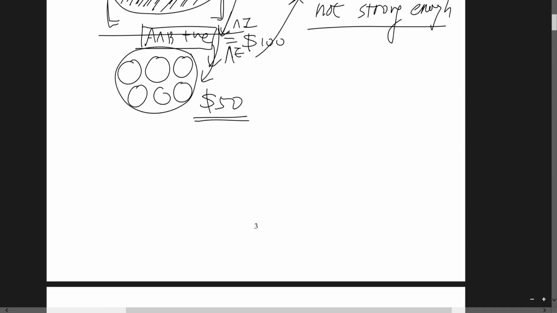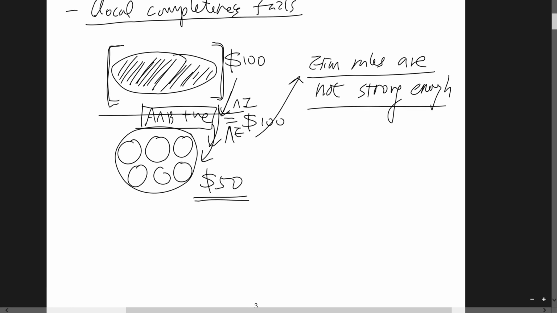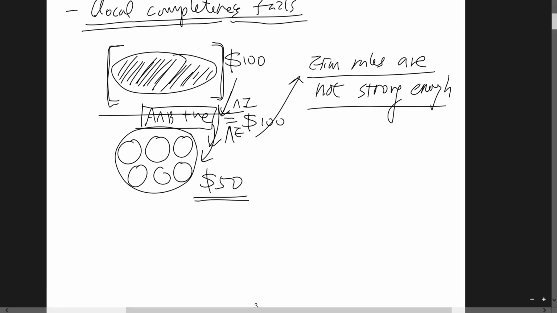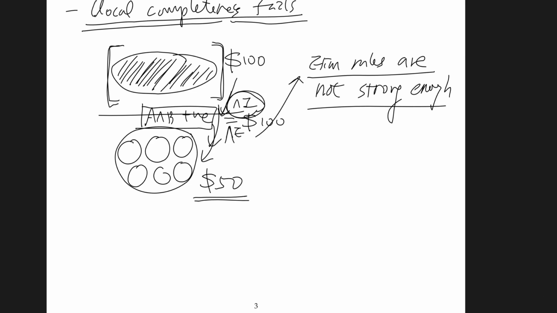So to summarize, local completeness says the elimination rules are strong enough. You never lose anything. If local completeness fails, once you apply this introduction rule, there's no going back. You can never rebuild the information that you started with.